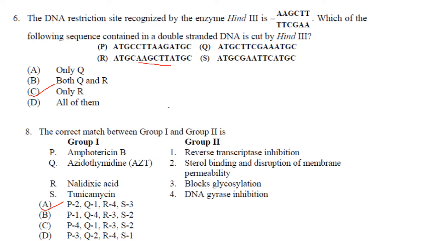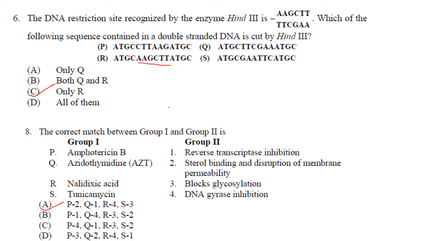The correct match between group 1 and group 2 is, they have given some antibiotics and their site of action. Amphotericin is sterol binding and disruption of membrane permeability. So directly you can go for option A because in others it is P1, P4, P3 which are wrong.